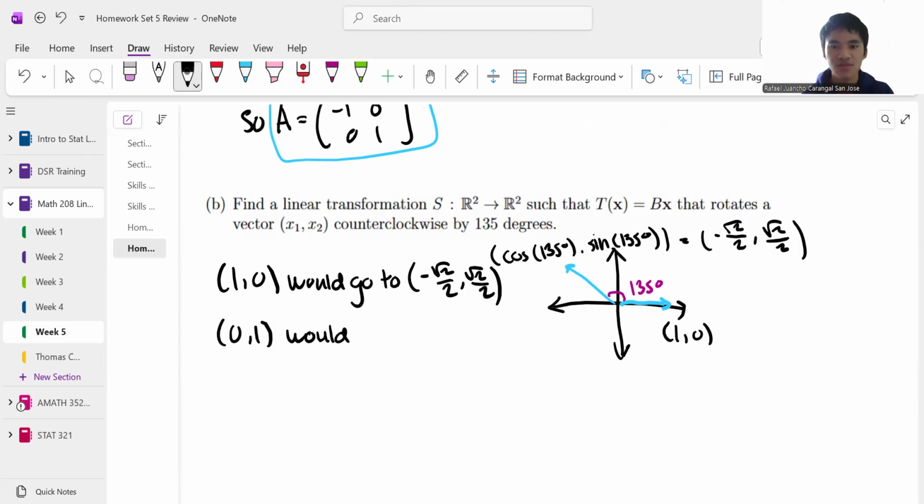So 0, 1 starts from here. Or no, 0, 1 starts from, whoops, starts from here. Rotating it counterclockwise would be all the way over here. Then that's also a 135-degree angular rotation.